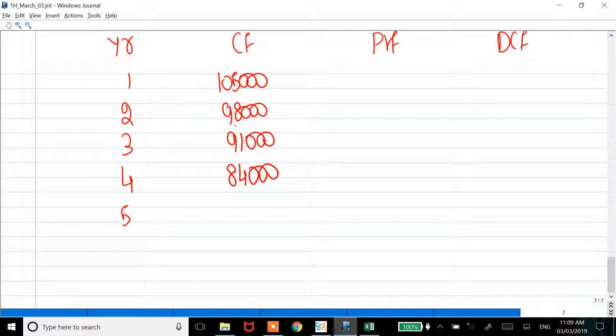When I change the residual value, the first 4 years have no impact at all.